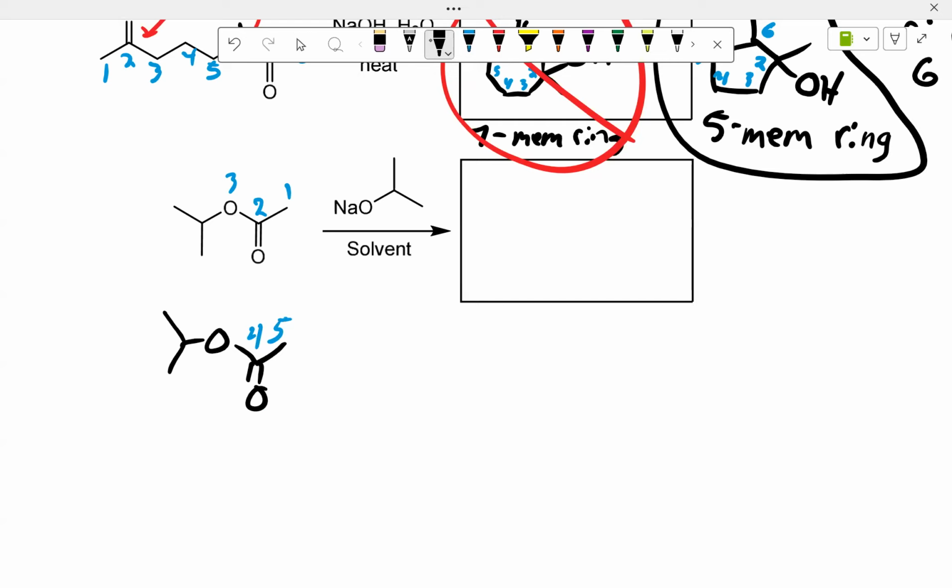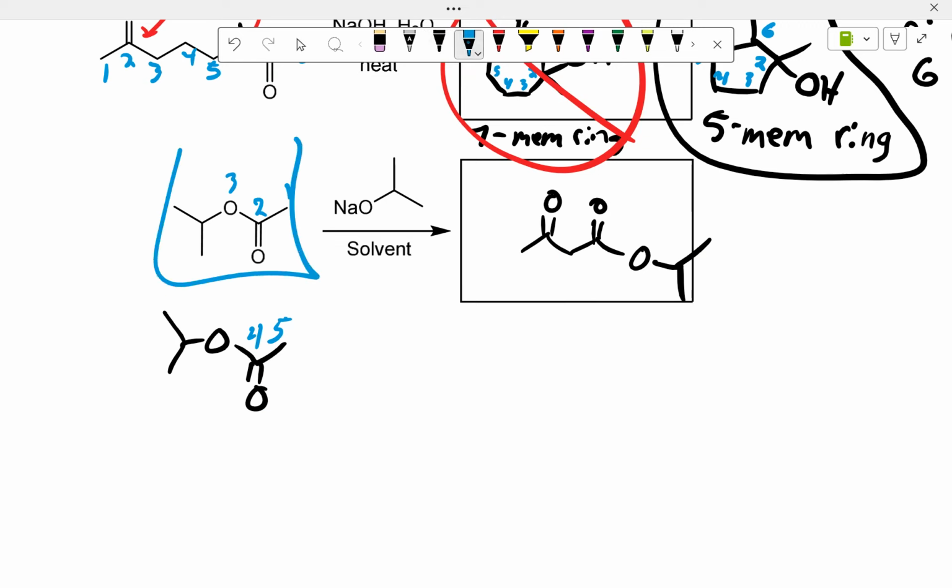You remember when you were doing the Claisen, we're going to form carbonyls that are one carbon in between each other. On one side, it's going to be a ketone. So this is the ketone. Oh, I just realized that shouldn't be an isopropyl. And then on the other side, we're going to keep the ester.